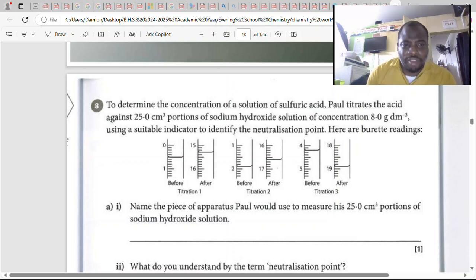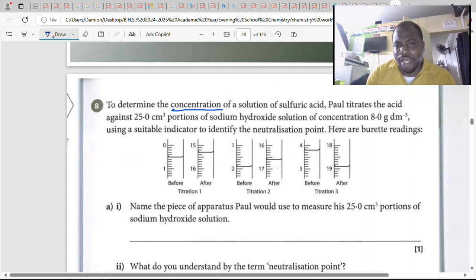So it says to determine the concentration, as I said, once we're doing titration, usually the aim is to determine the concentration of an unknown substance.